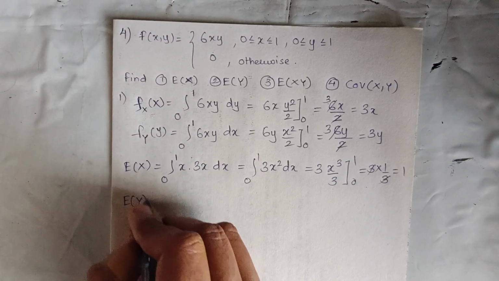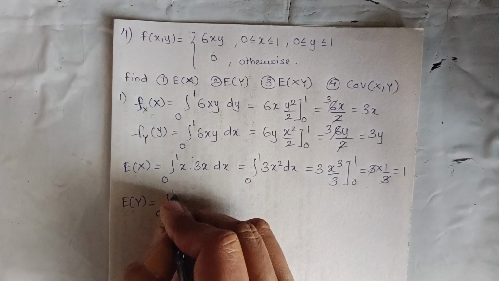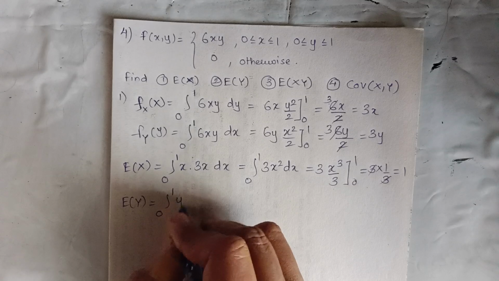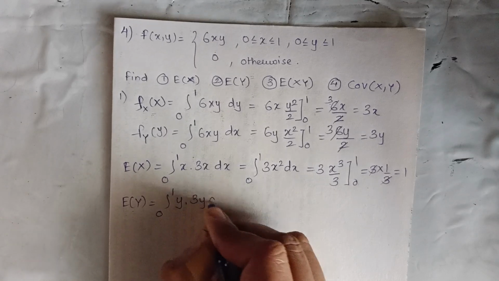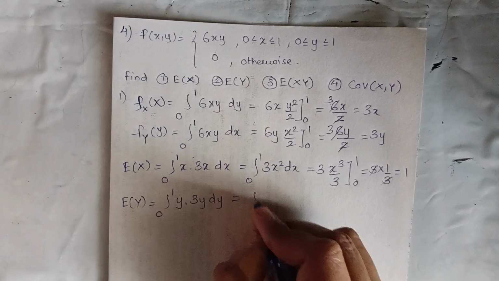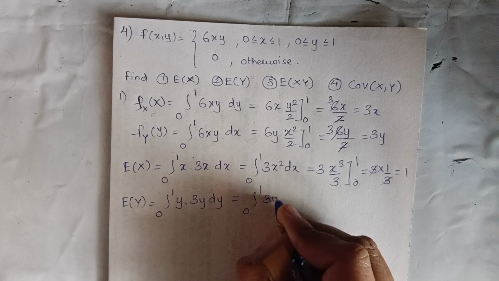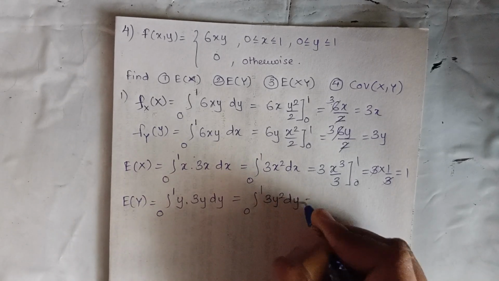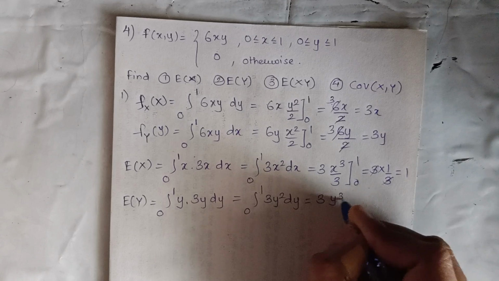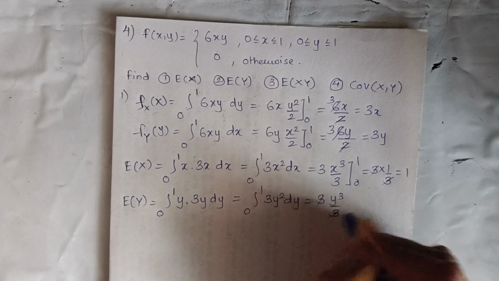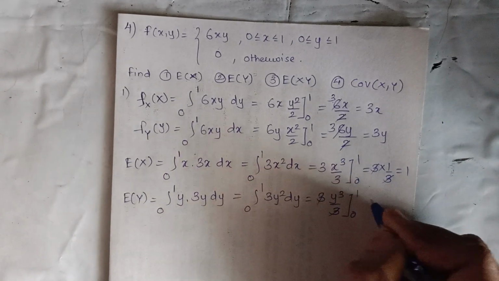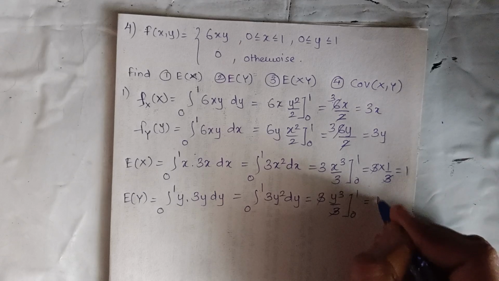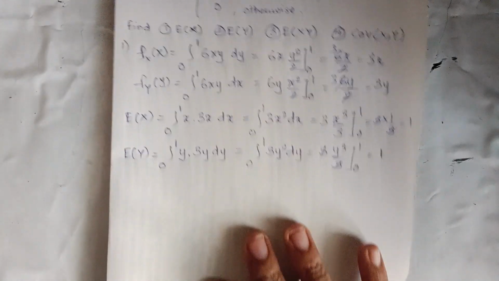E of y, 0 to 1, y into 3y, 3y cubed by 3, so you get 1. Okay.